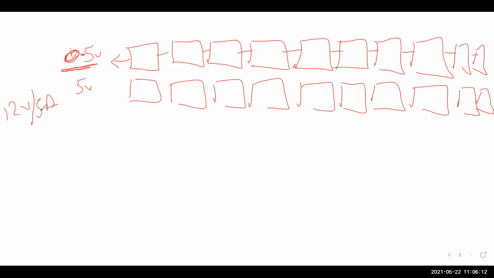So connecting these in series and parallel will give you the required voltage and current.